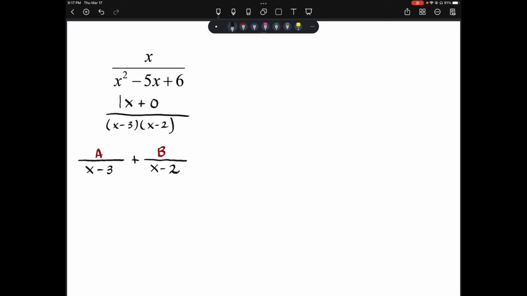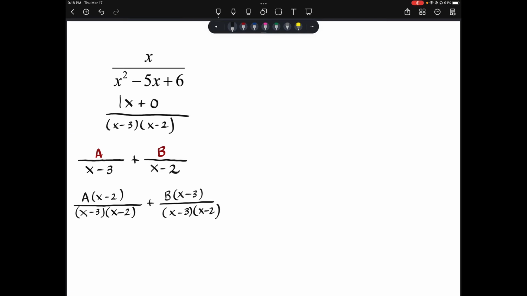Okay, so the next part, remember, is just getting the common denominator, multiplying the left fraction by x minus 2 over x minus 2. So I have A times the quantity of x minus 2 over x minus 3 times the quantity of x minus 2, plus B times the quantity of x minus 3 over x minus 3 times x minus 2.